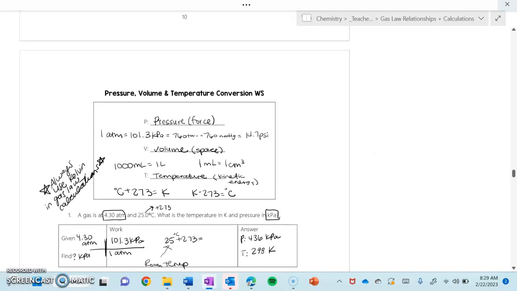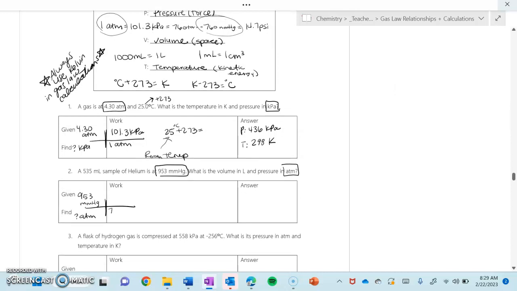Back at our relationships here, we've got 760 is equal to 1. So that'll be our conversion factor here. Plug it in. And you get 1.25 atmospheres of pressure.